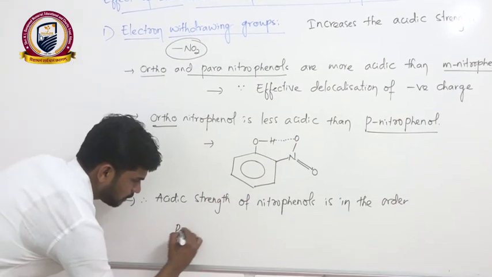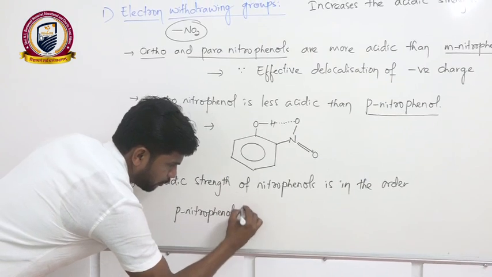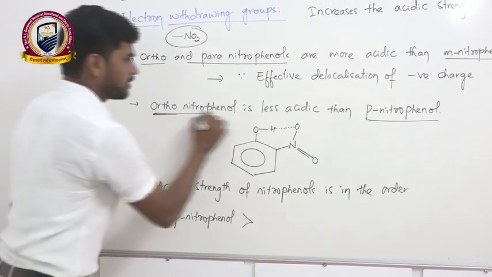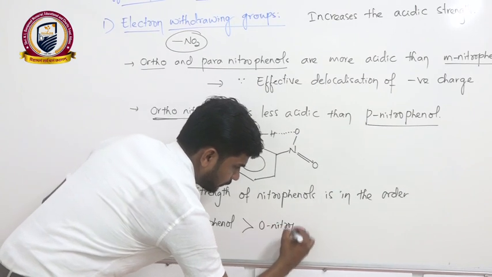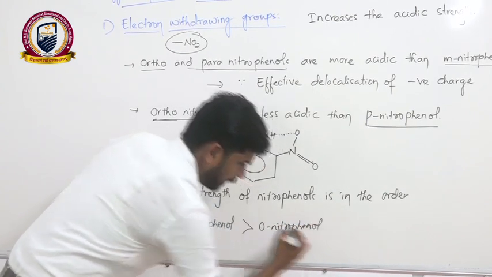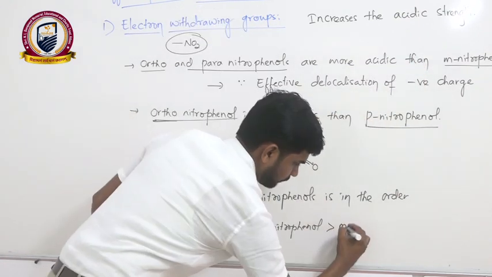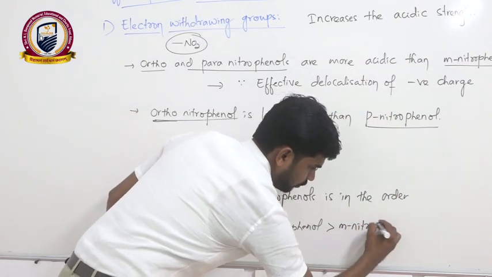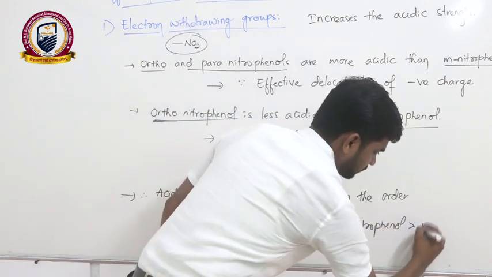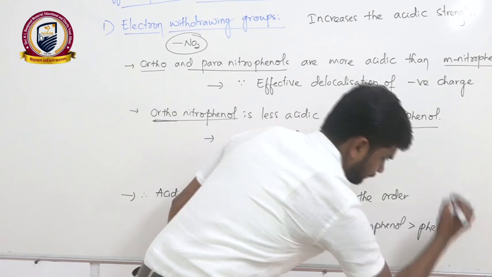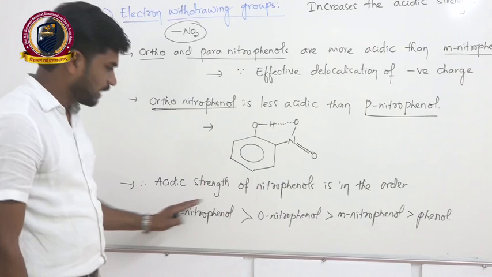So para-nitrophenol is more acidic than orthonitrophenol. Orthonitrophenol is more acidic than metanitrophenol, and metanitrophenol is more acidic than the corresponding compound phenol. Right? So this is the order of acidic strength of nitrophenols.